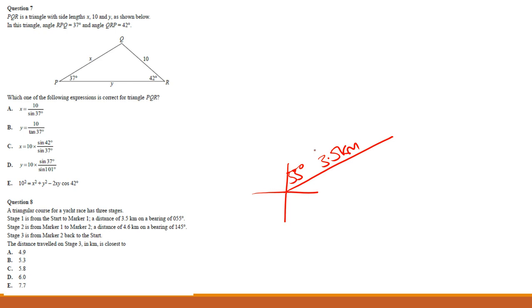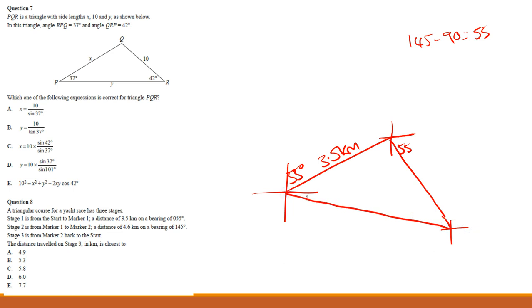Stage 2 is from marker 1 to marker 2, a distance of 4.6 on a bearing of 145. Because 145 minus 90 is 55, so I know it's 55 in there. Stage 3 is back to the start.